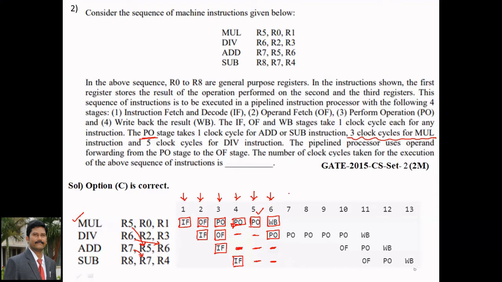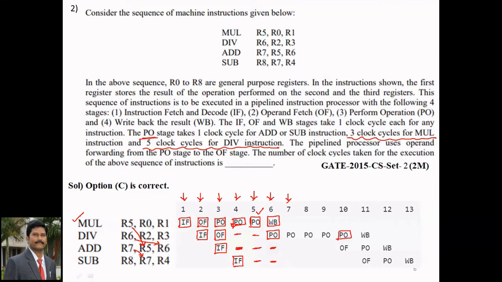Now at clock cycle 7, what happens? The multiplication already completed, and the division instruction, see here, takes 5 clock cycles in the PO stage. That's why PO, PO, PO, and PO, PO up to here.